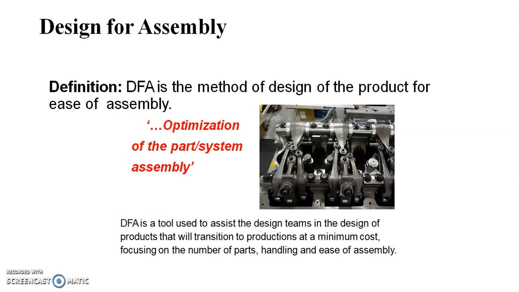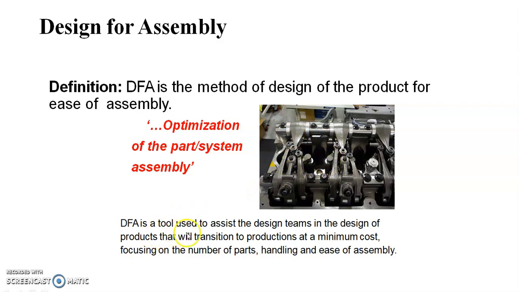From this pictorial view you can see design for assembly. Design for assembly is a method of designing the product for ease of assembly. In a broader view, this is the optimization of the part or system assembly. You can see here a design of an engine assembly, and for engine assembly the concept of design for assembly is mentioned.